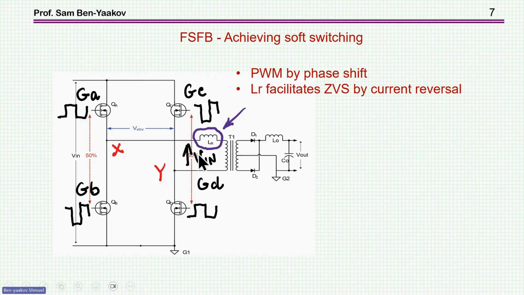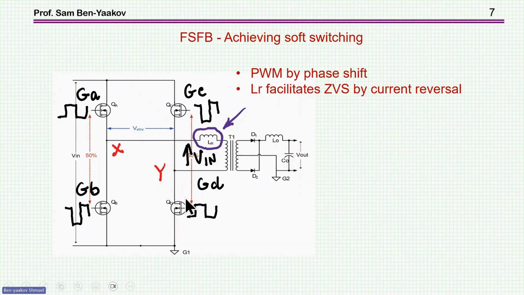So basically, the phase shift full bridge topology is very similar to a full bridge PWM converter, except for this inductor, which has a role and has a function, and the way the duty cycle is generated.